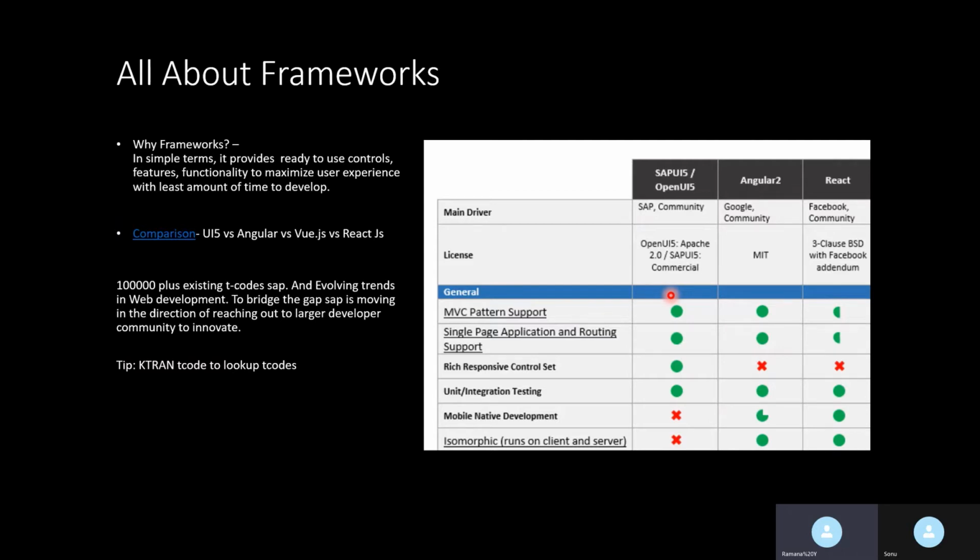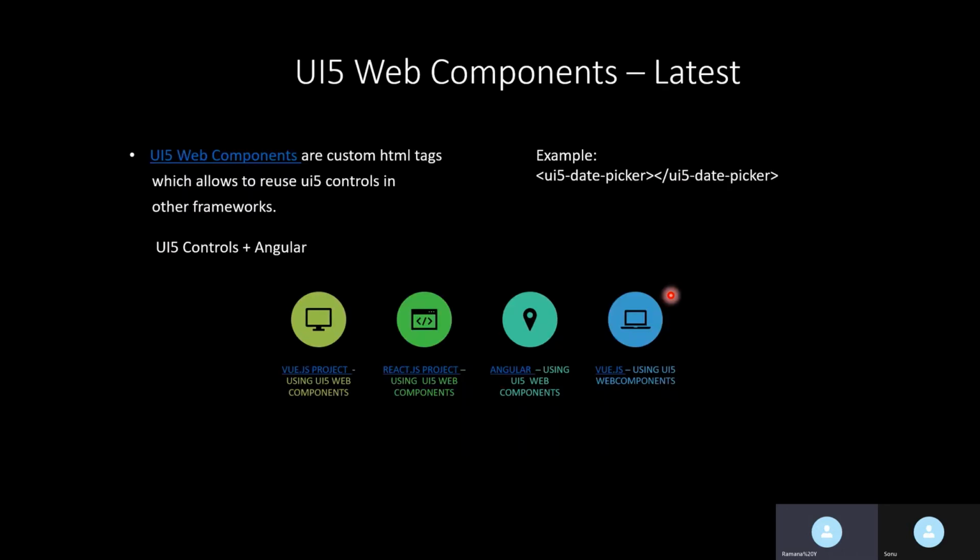So how do they do it? For that they introduced something called web components. Web components are completely latest. If you are already familiar with Angular or React and would like to complement using UI5, there is support so you can build your application completely in Angular and use the SAPUI5 controls as well. So how do we use it? See, the traditional date picker, this is how it looks.